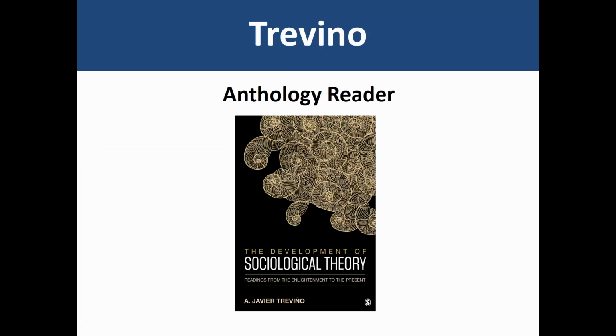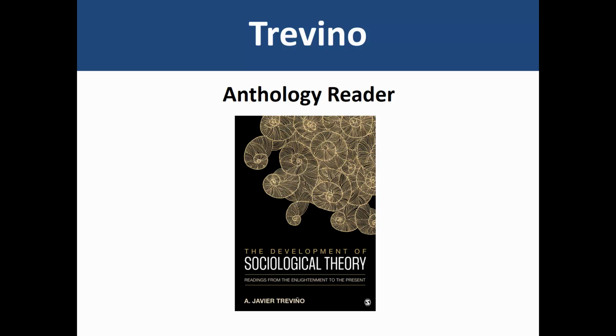And we also have a brand new first edition for this course area, and it's from another familiar name, Javier Trevino. He's the author of one of our social problems textbooks. This book is an anthology reader, so it's a collection of primary works with short introductory headnotes written by Javier Trevino.